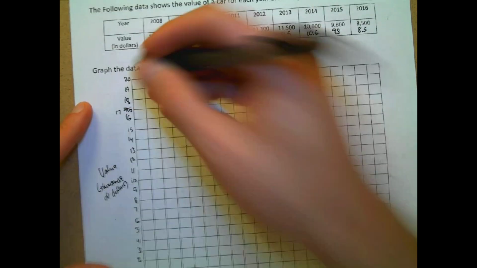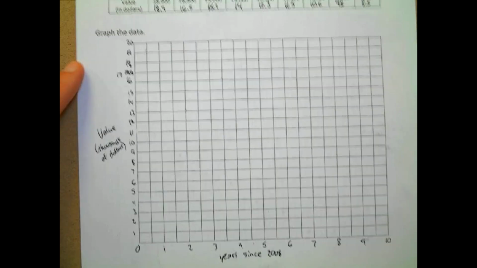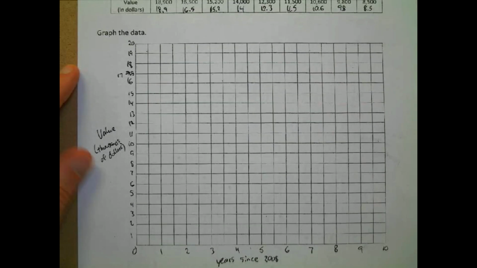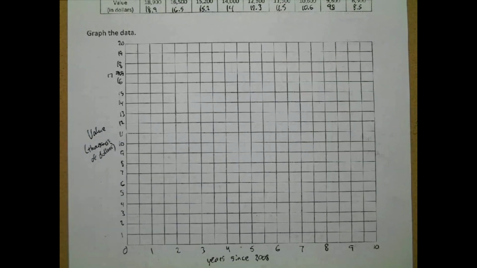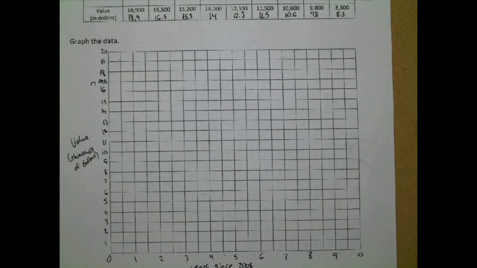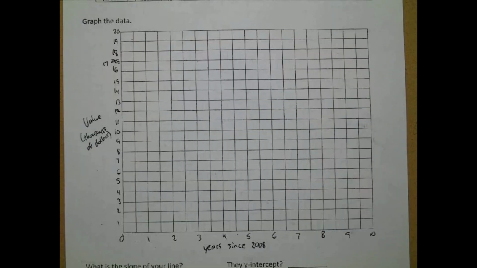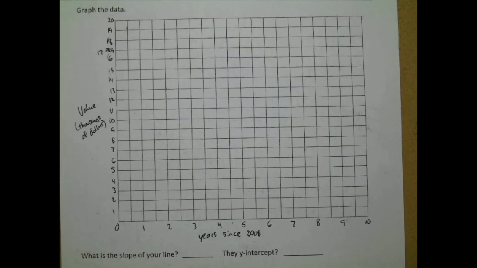So just count by ones there. All right. So now I'll leave you guys the rest. Go ahead and plot the data and answer the rest of the questions down there. Okay, and I will do the same. I'm going to wipe off this pen too.